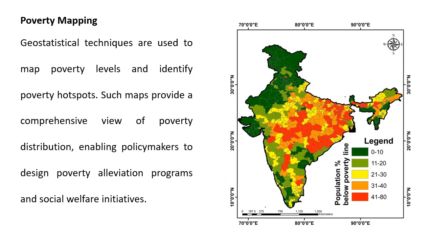Poverty mapping. Poverty mapping you can do with the help of the data you have, and such type of data will be very helpful to visualize the information about where the poverty is high and where poverty is low.